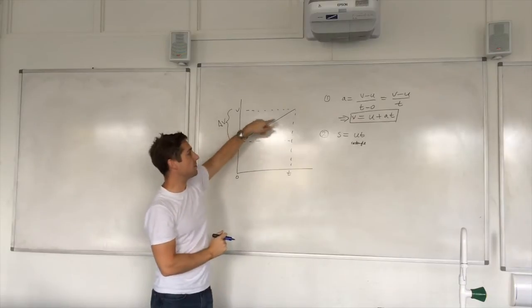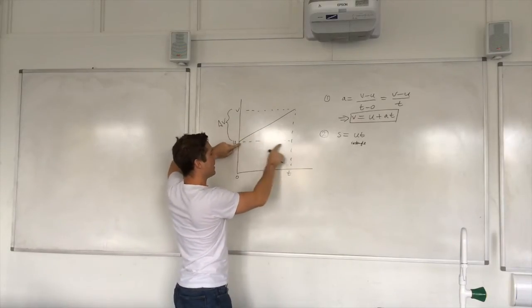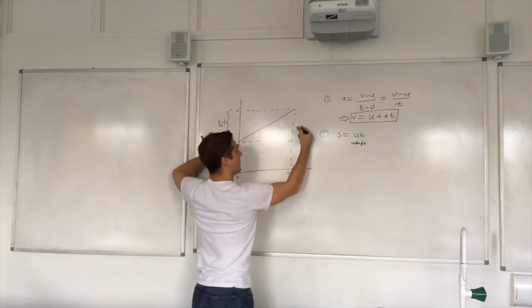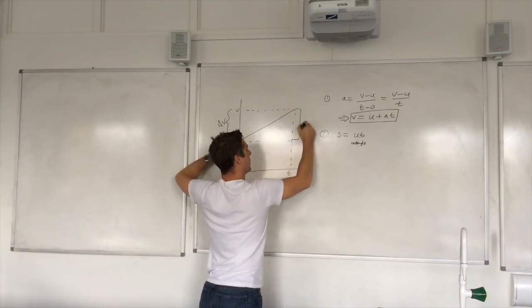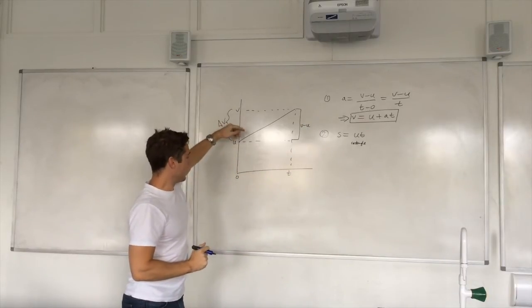It's half of this because the area of this rectangle would be T times V minus U, and that there is V minus U, that's what that length is.